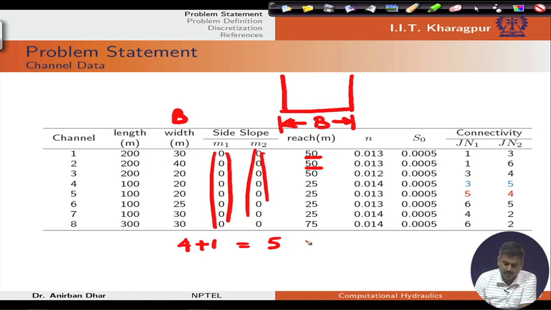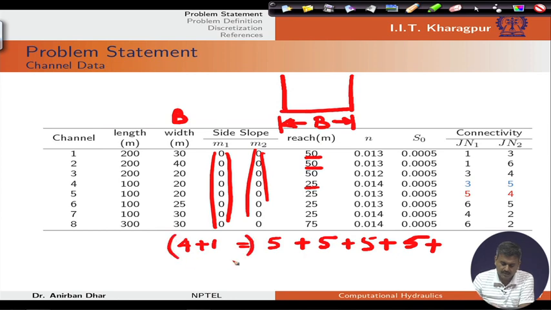Second case also I am getting 5, third case I am getting 5 with 25 meters as segment length, fourth case also it is 5. This is also 5, this is also 5 and last one this is also 5.